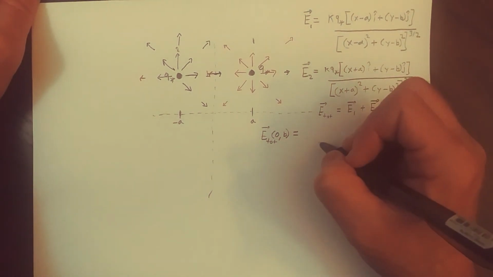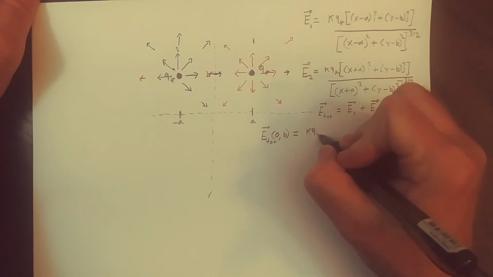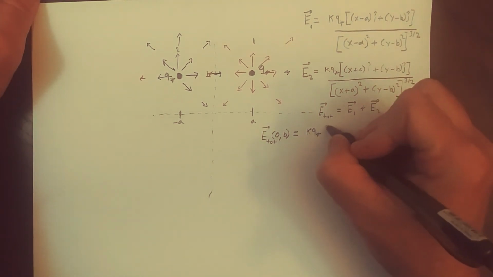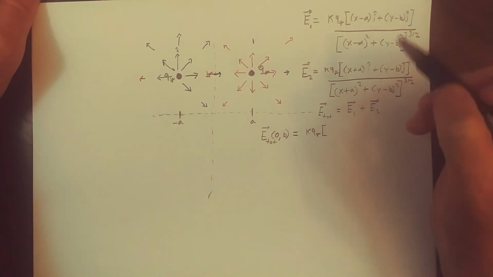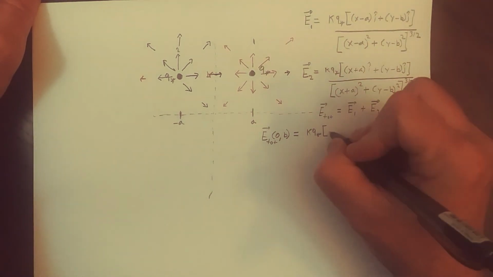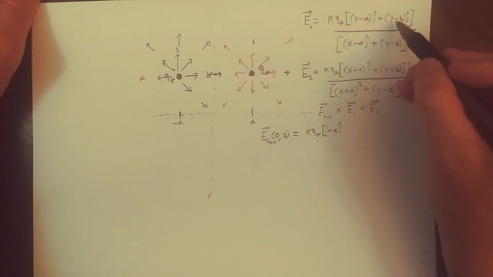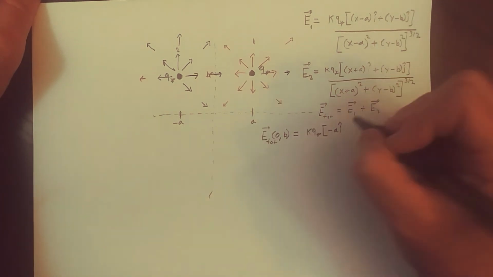So E1 looks like what? We have k q star times open square brackets. We have x equals 0, so here we get minus a i hat, plus we have y equal to b, so we have b minus b is 0, and the other term goes away.